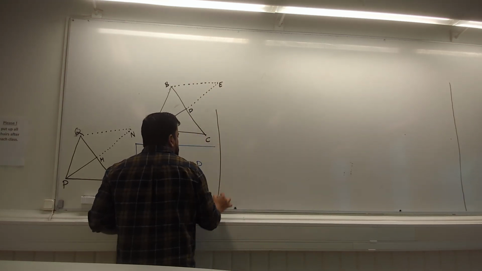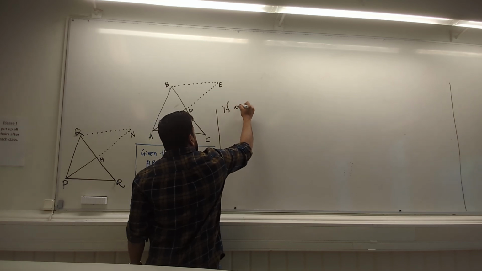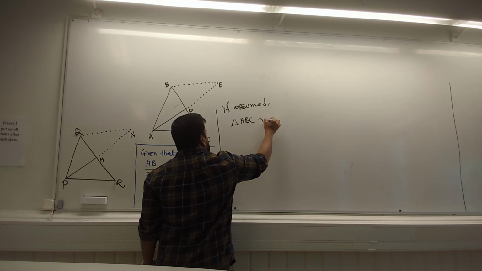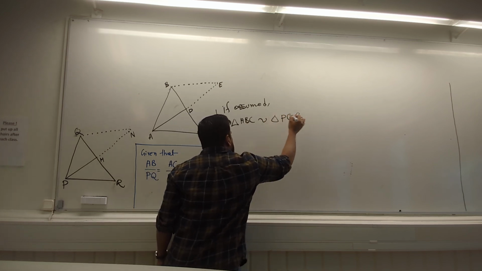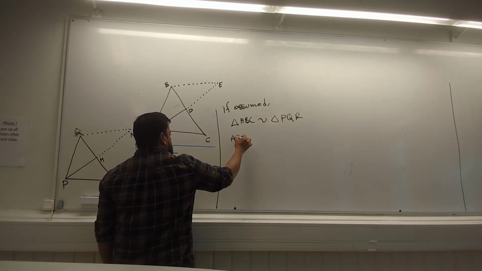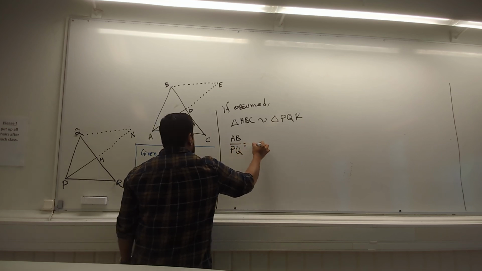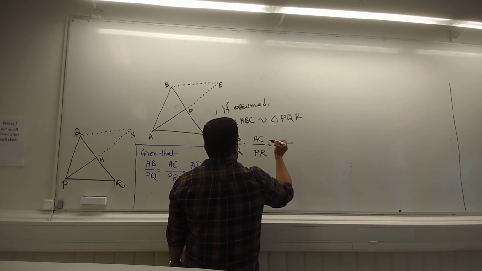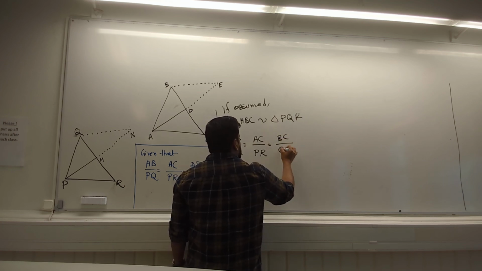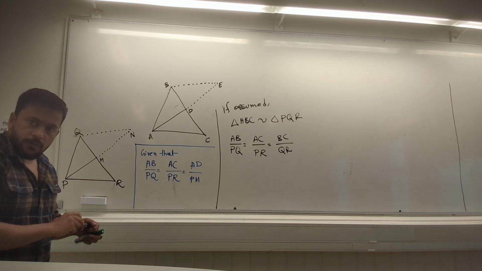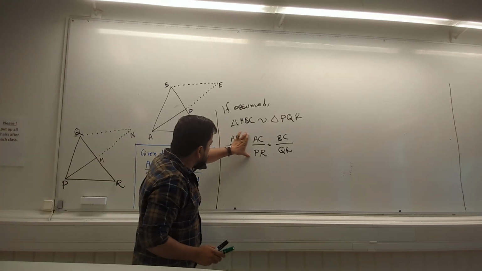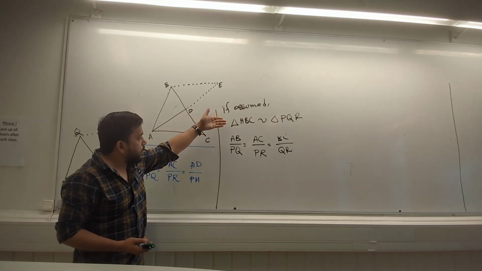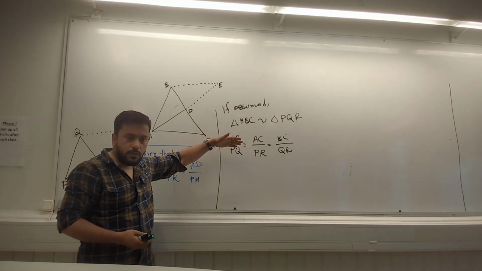For example, if we assume that triangle ABC is similar to triangle PQR, then AB over PQ equals AC over PR, and the final one, BC over QR. Now if we have this ratio complete, then we can claim that the triangles are similar, right? Or if the triangles are similar, then we can claim that this ratio is true.